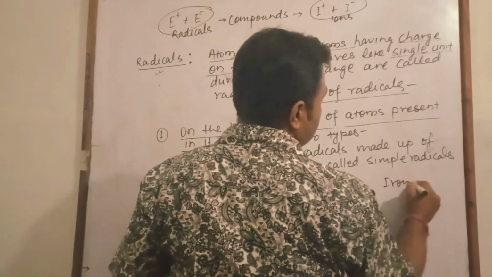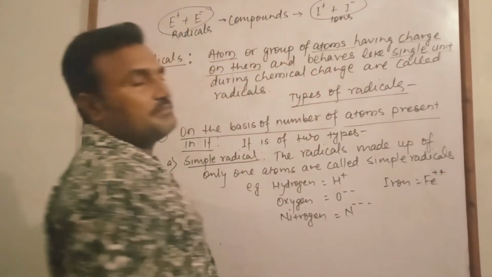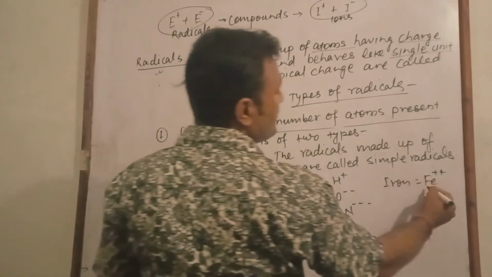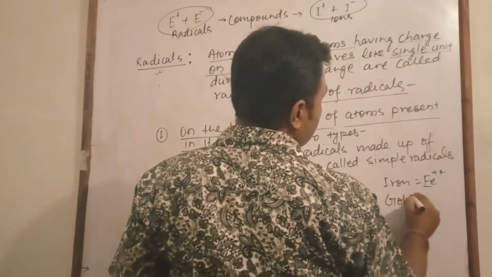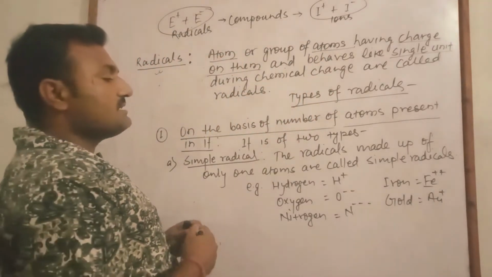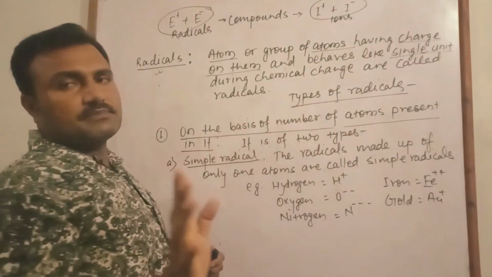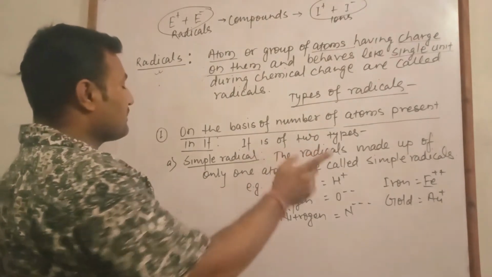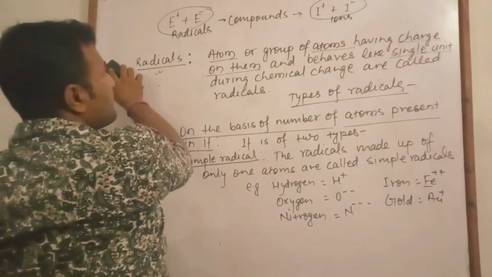Iron is represented by Fe, in ferrous or ferric form, it does not matter; iron contains only a single atom. Gold is represented by Au plus. So these types of radicals which are made from only single atoms are called simple radicals. Why? Because they are made up of only one atom.